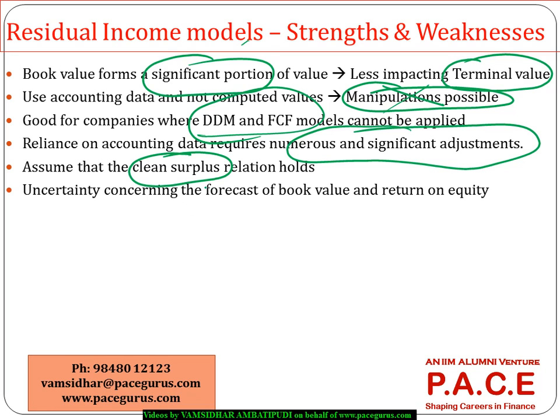Clean surplus relation. What is this clean surplus relation? Till now, whatever we have been talking about, the net income minus the dividends goes into the retained earnings, which again goes into the book value of the equity. Now, there are so many items, like foreign currency translation gains or losses.